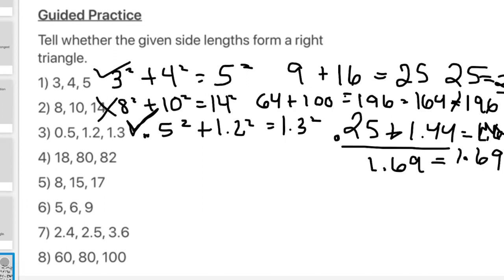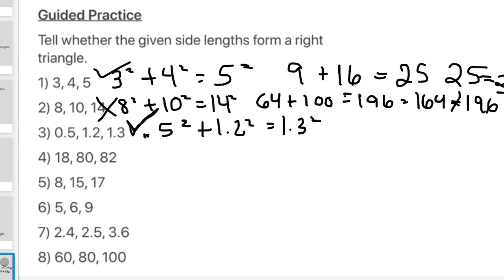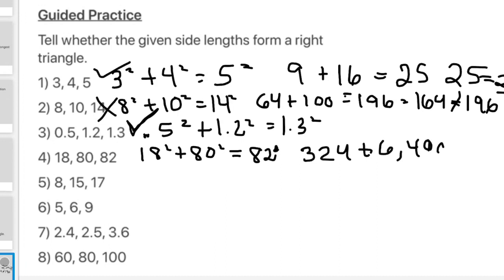Pause the video and try number 4 on your desk. All right, so I had to erase a little bit of number 3 to make room for number 4. Let's go ahead and work out number 4. We have 18 squared plus 80 squared equals 82 squared. 18 squared is 324. 80 squared is 6,400. 82 squared is 6,724.